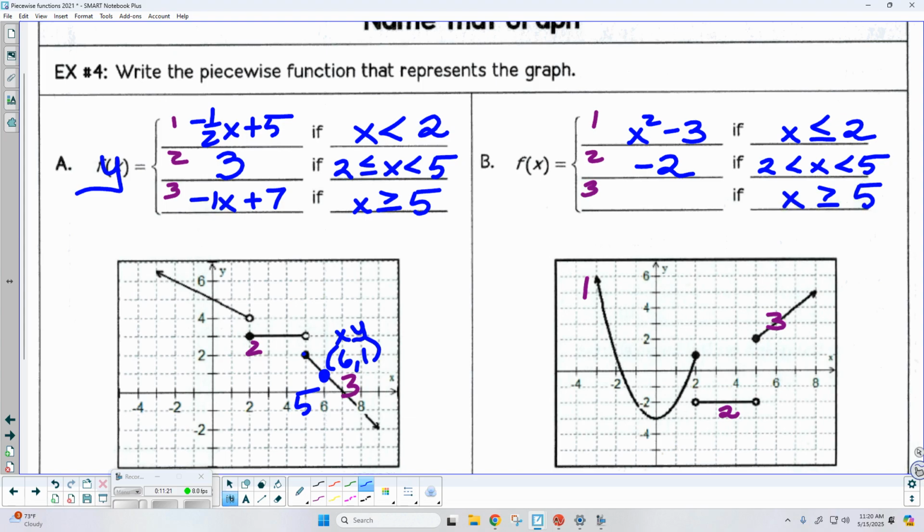Good catch. All right, who can tell me what that function is? Anybody? x minus 3. There you go. Okay, how many people got that right?